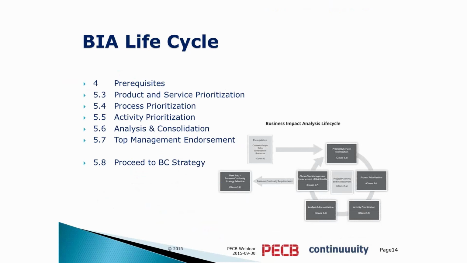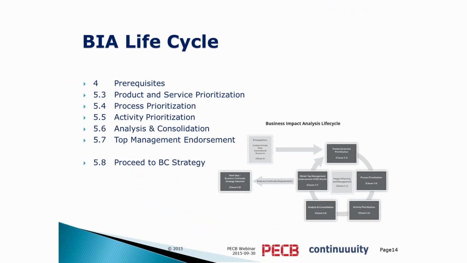It gives guidance on product and service prioritization, as we have seen in the previous slides. It goes down to process prioritization, activity prioritization, analysis and consolidation, and it underlines again the top management endorsement, something which we already have discussed.